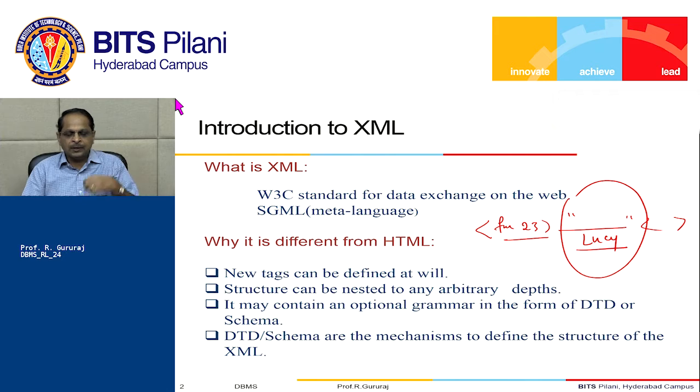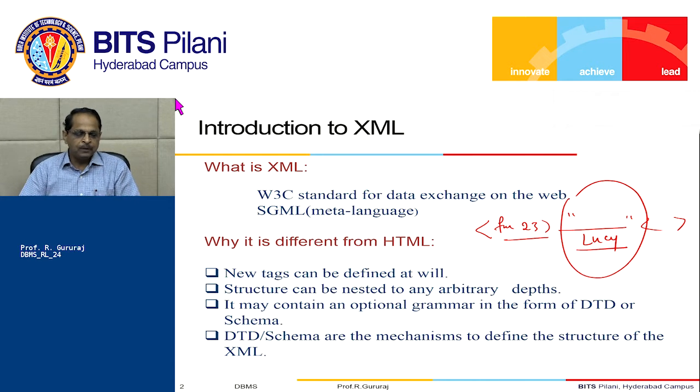So now let us see what are the differences between HTML and XML. In HTML you cannot define your own tags. Whatever predefined tags are there, you just use those tags and go ahead with your document building. In XML, you can create your own tags depending on the requirement. So if you want to describe the content of the document, you can keep on creating new tags.